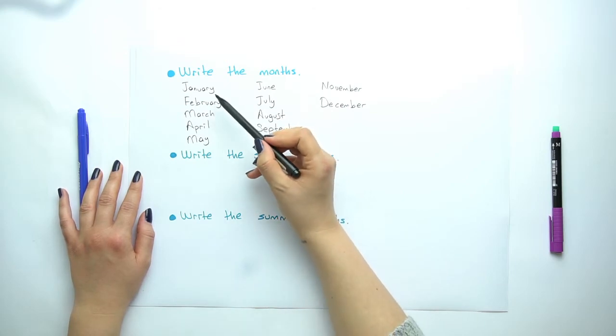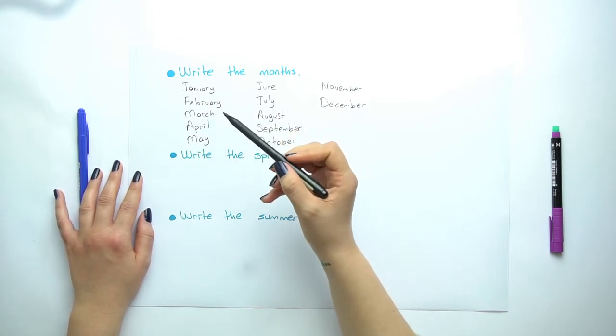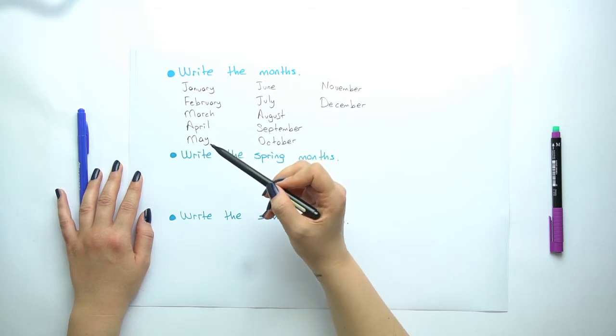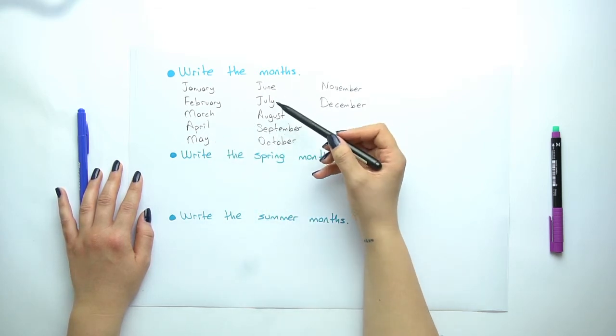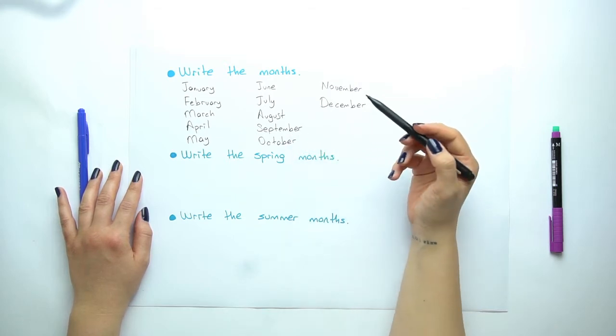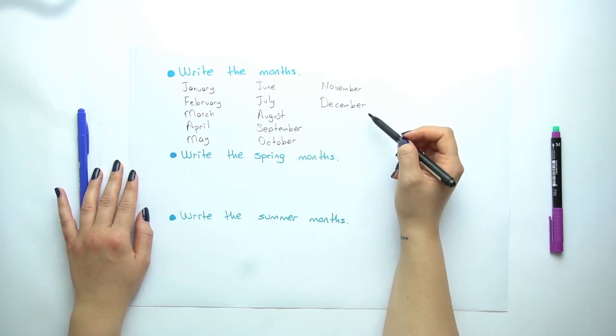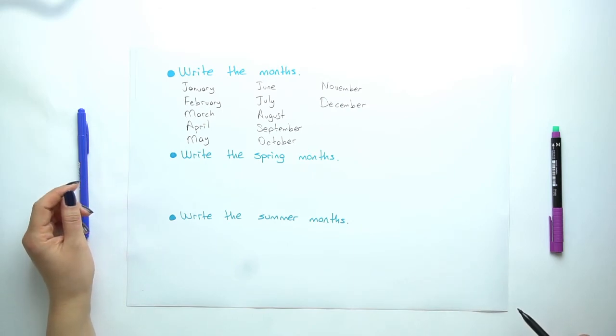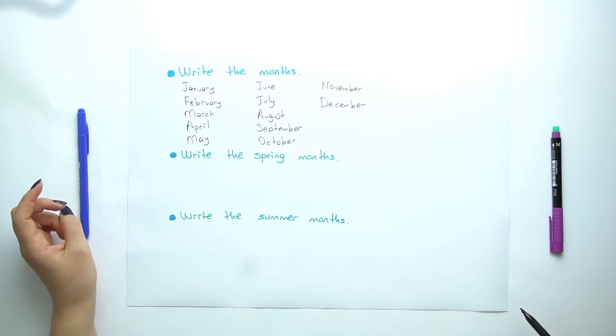Now we have January, February, March, April, May, June, July, August, September, October, November, and December. Now, another one, write the spring months.